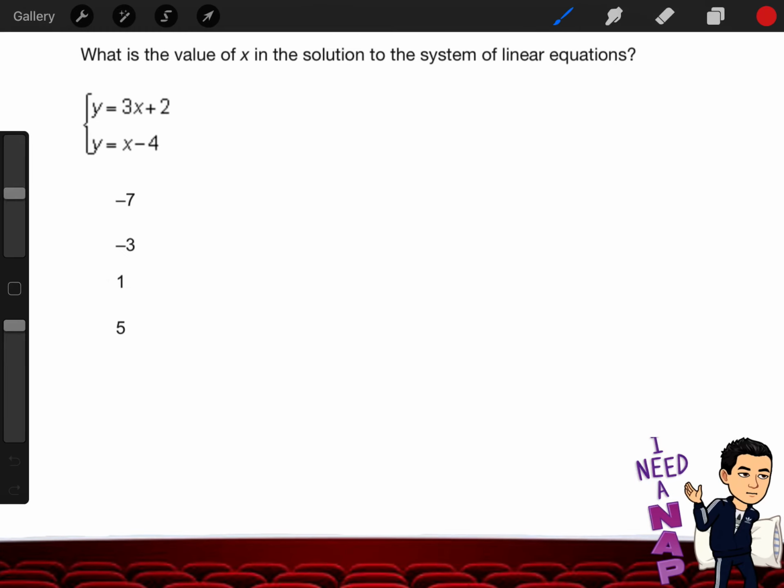What is the value of x when you solve for it? This is the one that's good if you use substitution, because the y's are isolated. You can substitute x minus 4 into this y. So you have x minus 4 equals 3x plus 2.